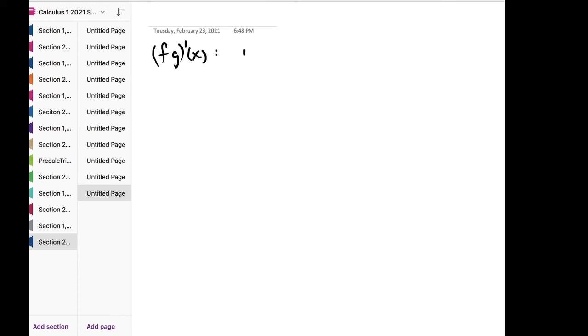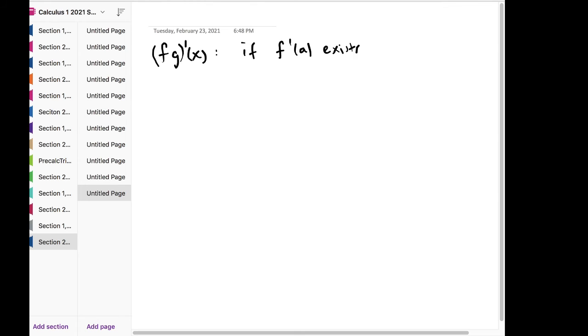So if f prime of a exists and g prime of a exists, find fg prime of a.